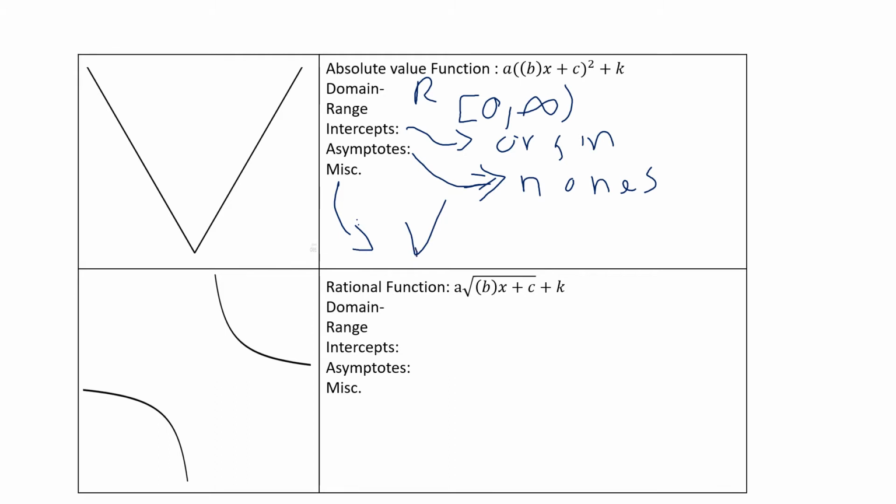Now, let's talk about the hardest one of them all. Rational functions. So let me help you out with this. What two functions does this resemble to you? It resembles both exponential and logarithmic.